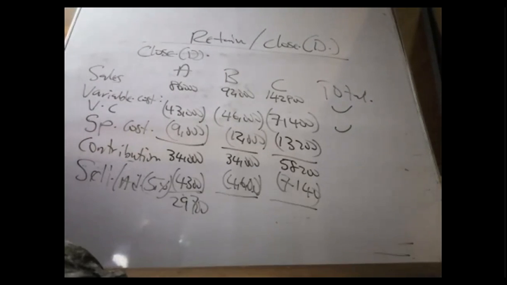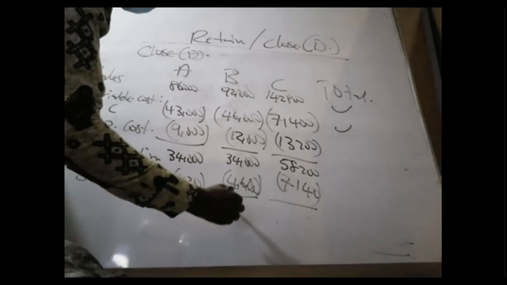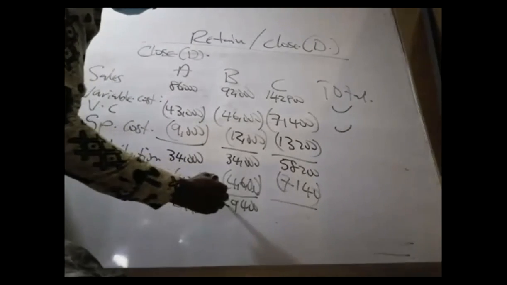Then 34 minus 4,600 gives us 29,400. So 29,400.